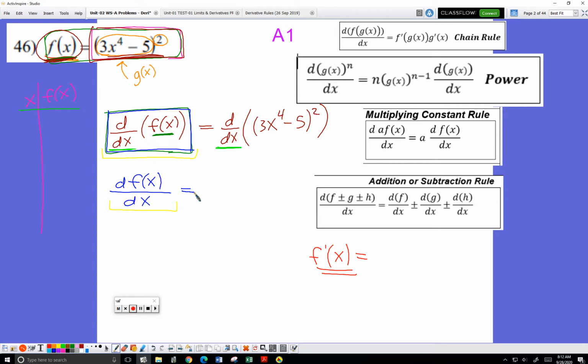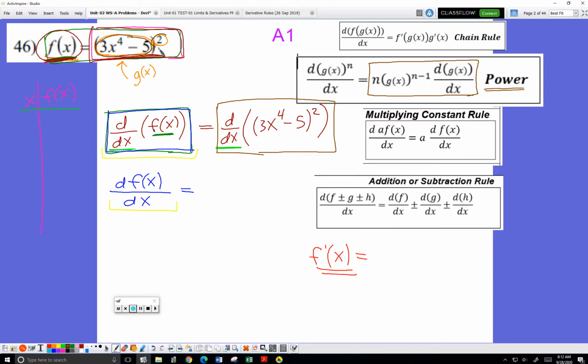Okay, cool. Now what we're going to do is take advantage of the shortcut. According to the power rule on your pink reference sheet, this type of expression is exactly equal to this expression. So I've already pointed out that the g of x is this.